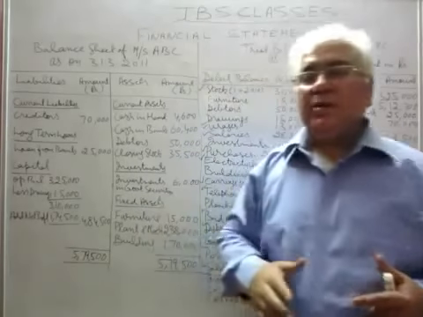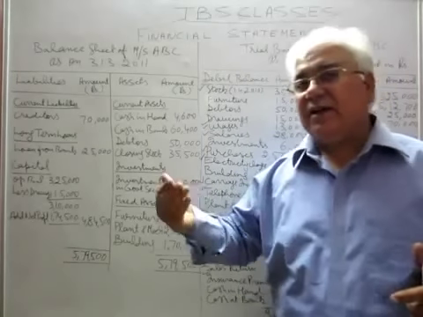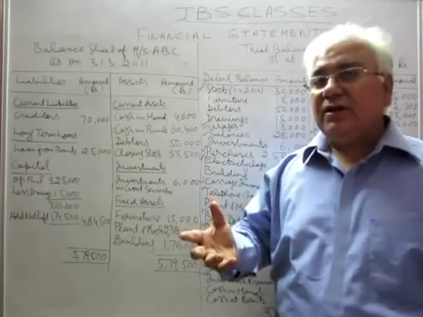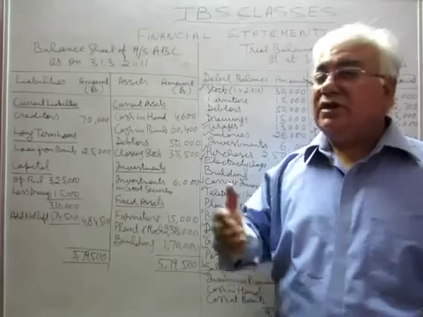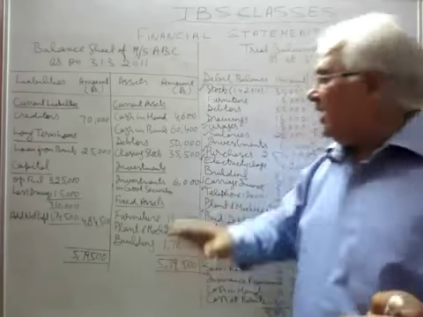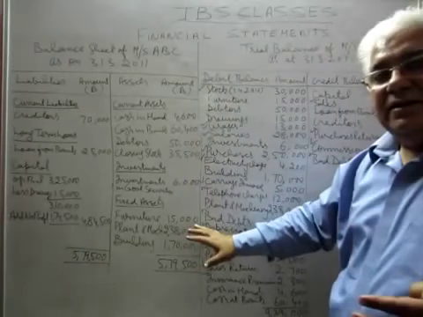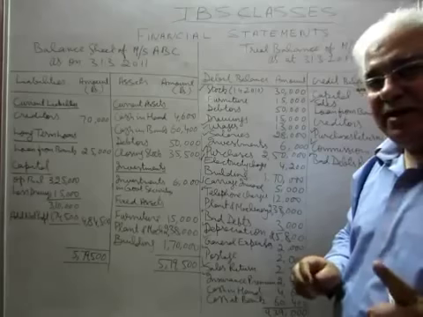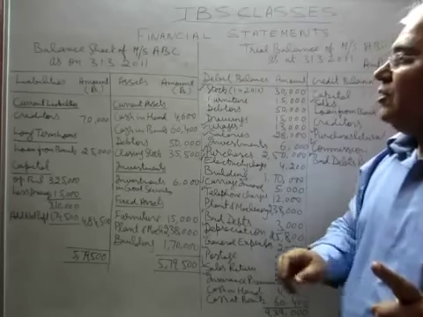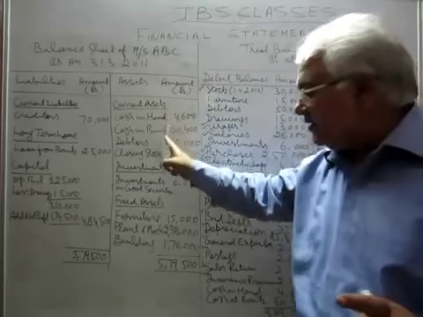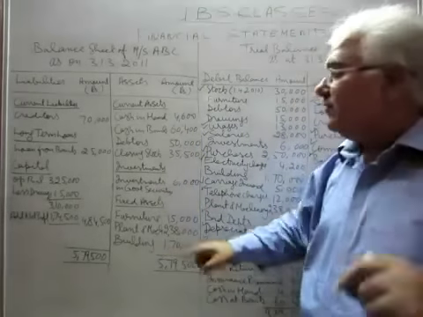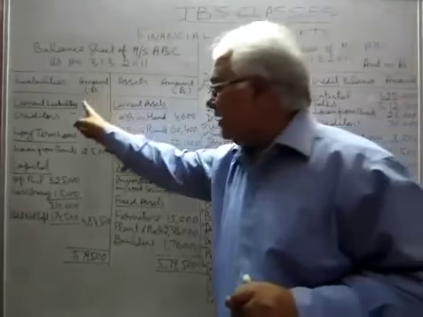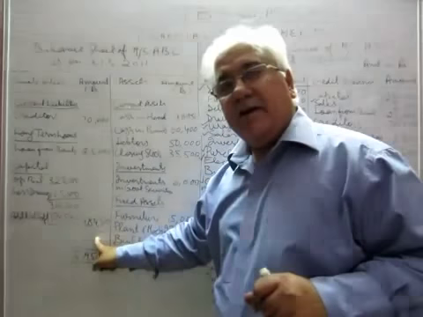And now let me tell you about the opening entries for the next year. Now this year is closed. Now when you have to open the books for the new year, that is starting from 1/4/2011, then all the items appearing in the balance sheet are the ones which will be opened in the ledger first, and the opening entry will be, all the assets accounts will be debited and all the liabilities, including the capital, will be credited.